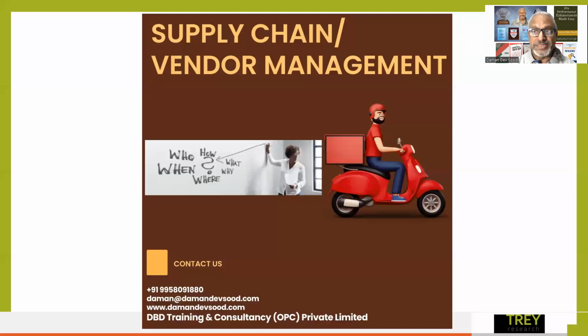Do we know who those vendors are? Who are they? Where are they? What are our dependencies on them? Do we have any alternative? Do we have good enough information about our vendors?